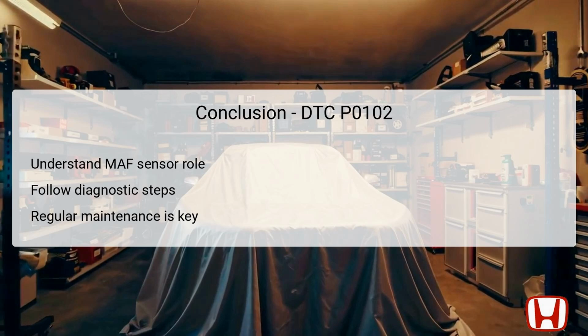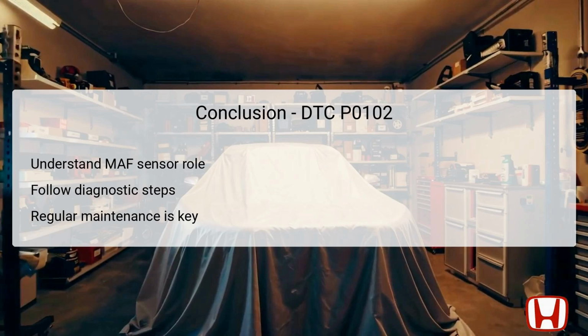In summary, understanding the role of the MAF sensor is crucial for effective vehicle maintenance and performance. DTC P0102 highlights the importance of a systematic approach to diagnose and resolve issues stemming from the MAF sensor circuit. By following the outlined troubleshooting steps methodically, one can locate faults related to wiring, connections, or the sensor itself efficiently.